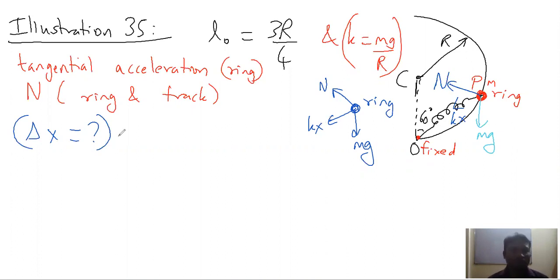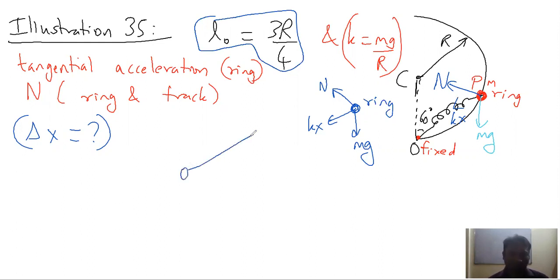Now, the extension in the spring, delta x, we will calculate. The natural length of the spring is given as L0 equal to 3r by 4. Now, by geometry, let us find the length of the spring in this position, OP.